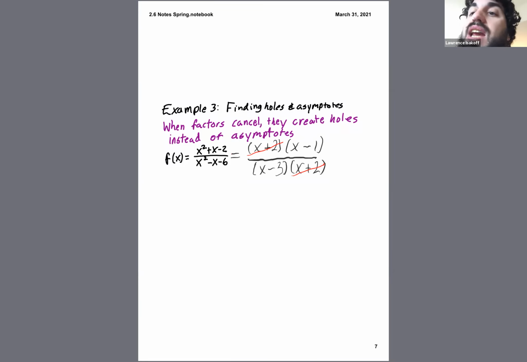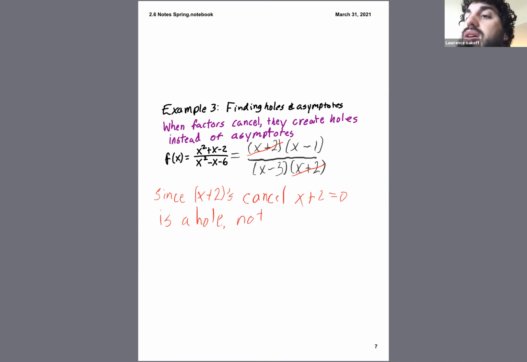So since the x plus 2's cancel, x plus 2 equals 0 is a hole, not an asymptote.